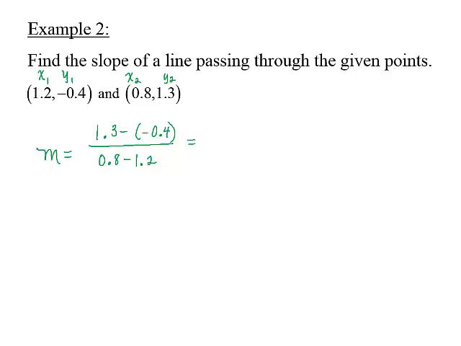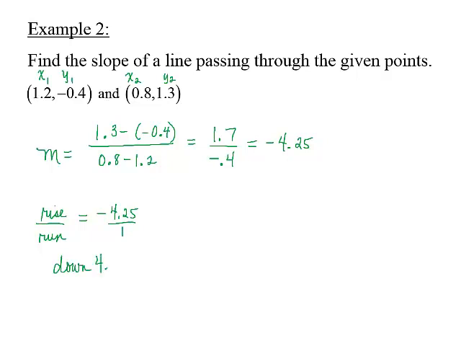The numerator simplifies to be 1.7 divided by, in the denominator, negative 0.4. When we divide these, we get negative 4.25. Now if we think about that as rise divided by run, this is really negative 4.25 divided by 1. So we could say that our graph is going down by 4.25 units for every 1 unit increase in x.